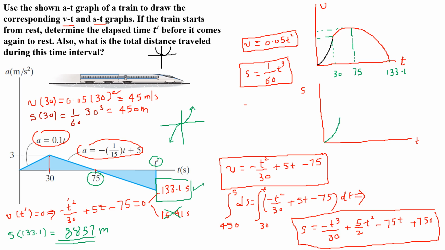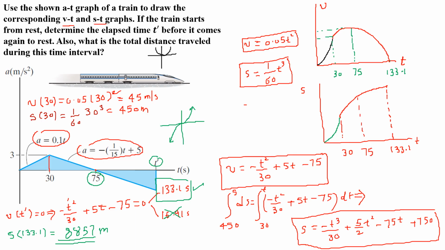For the second part, I have the negative power before the leading term, so I'm going to have something like this. That's the time of 30, and that's the end here at 133.1, and here somewhere is the 75 seconds.